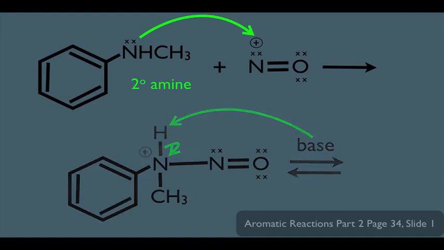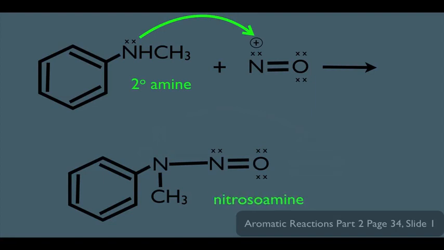This gives us this product right here, a nitrosoamine. But here's what we're learning. The reaction stops at this point. Think about it. You don't have another hydrogen to rip off and therefore put on the oxygen so that you could turn the oxygen into water and boot him off. So just know that secondary amines will not form a diazonium salt.